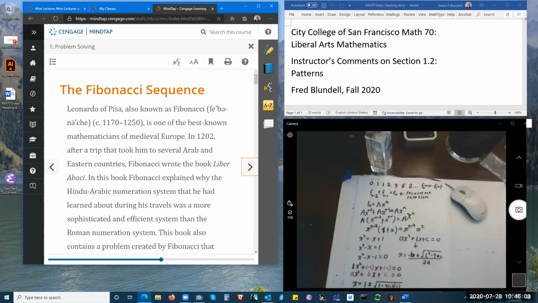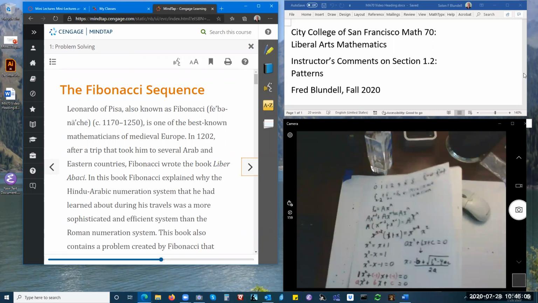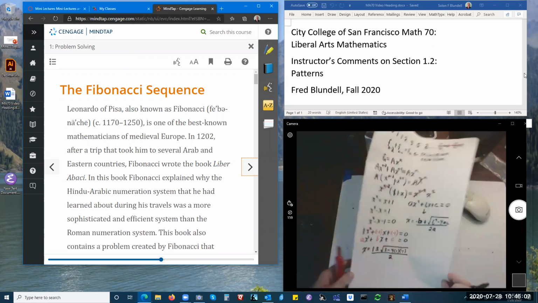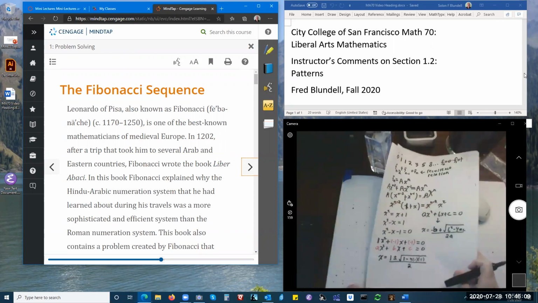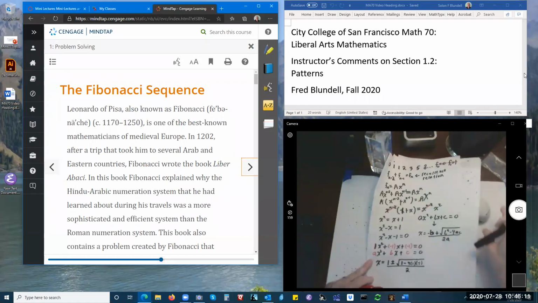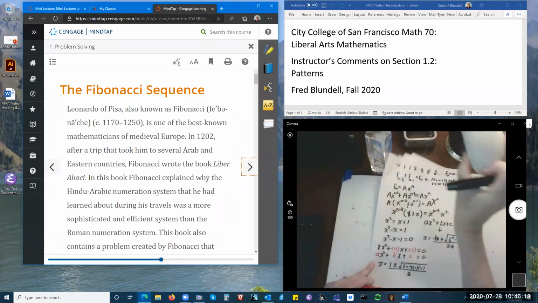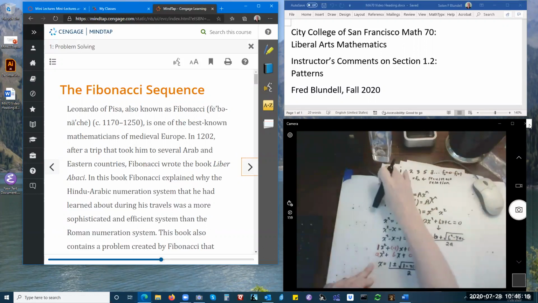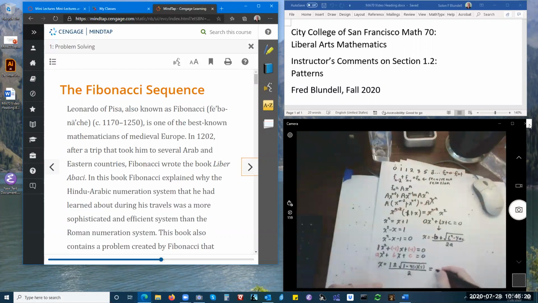That's 2. Okay. So I get 1 plus or minus the square root of 5 over 2.